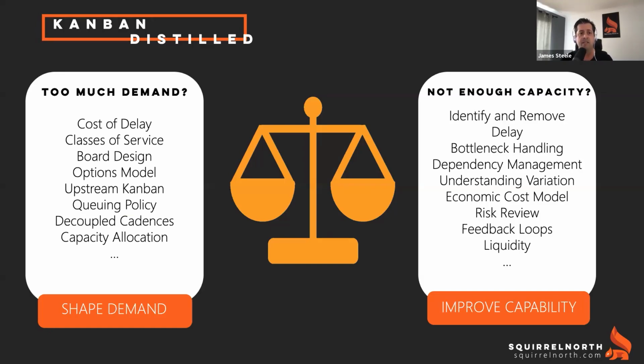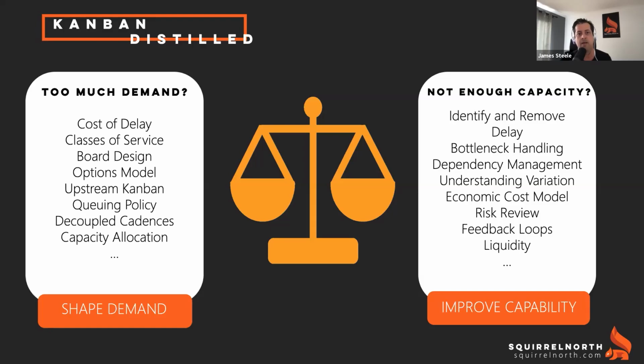There's two sides to this balance. There's the shaping of demand side, and there's the improving our capabilities side. So these are techniques that really embody the 6 practices of the Kanban method. Now, it's not really important to get lost in all these fancy words, and don't worry about those right now.